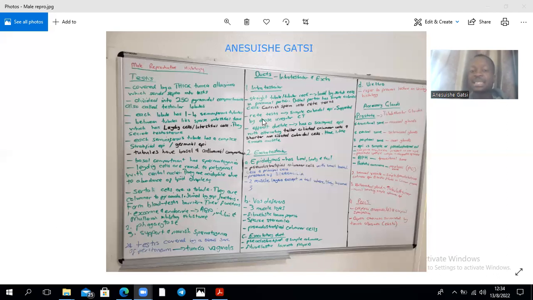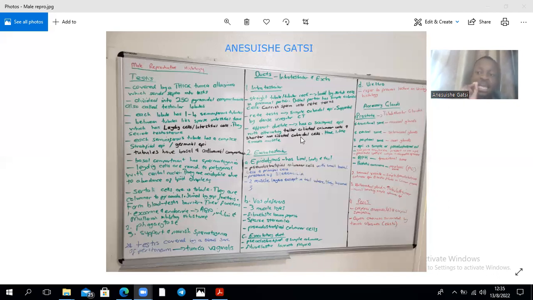From the rete testis, they lead into the efferent ductules. The efferent ductules are described as having a scalloped epithelium with alternating tall ciliated columnar cells and shorter non-ciliated cuboidal cells.